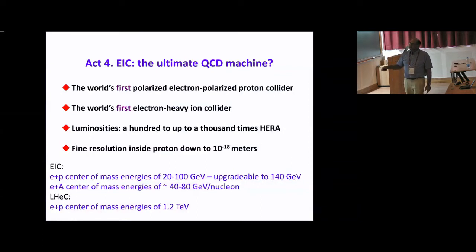I should also mention that there's a project in Europe which is further away, which would be a really high energy machine. It's 4 times that of HERA, but my understanding is that the luminosities will not be as large as the EIC, and it's not clear that they can do polarized protons, though they can do nuclei.